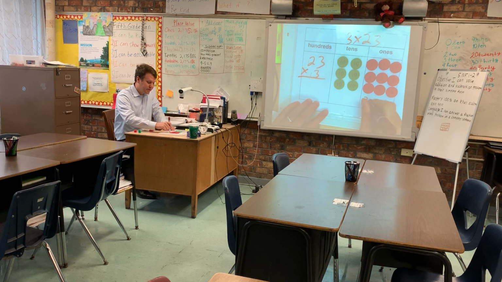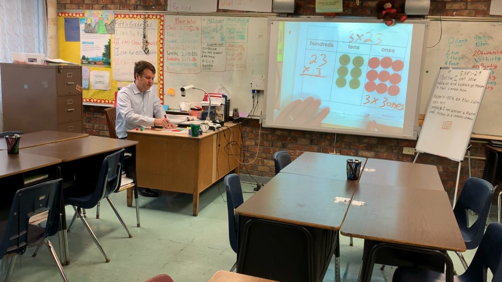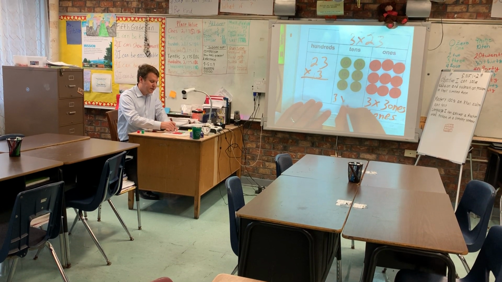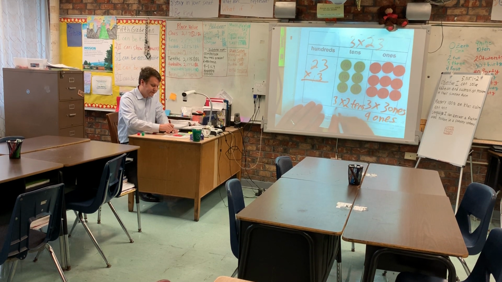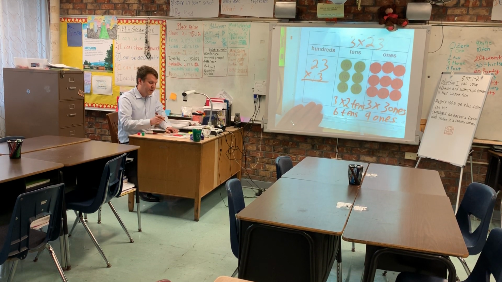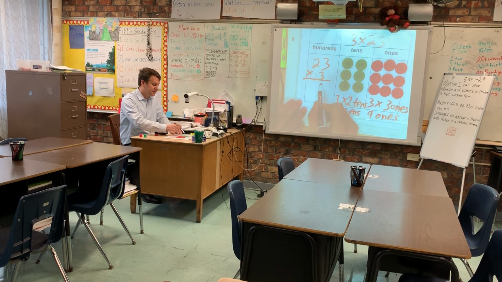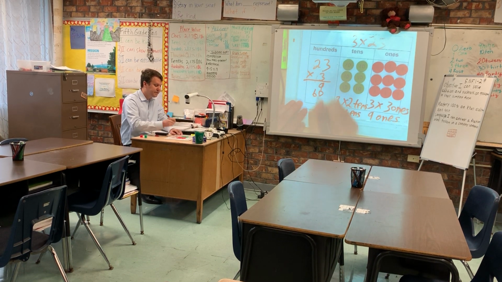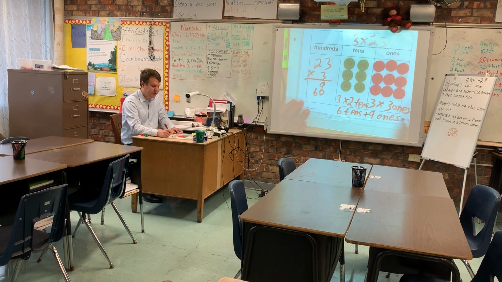I have 3 times 3 ones, which is of course 9 ones. And then 3 times 2 tens, which will be what? 6 tens. There. Or if I'm showing on my standard algorithm, that looks like 3 times 3 is 9. 3 times 20 is 60. And when I put those two values together, I'm going to end up with 69.